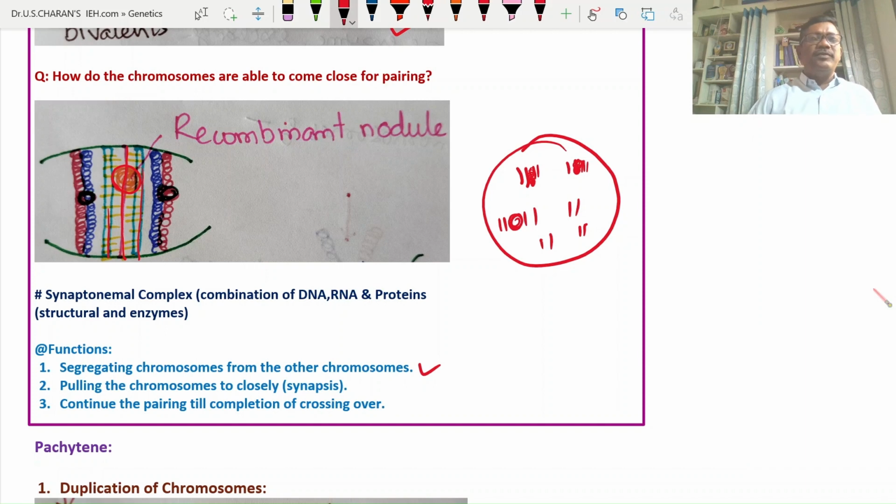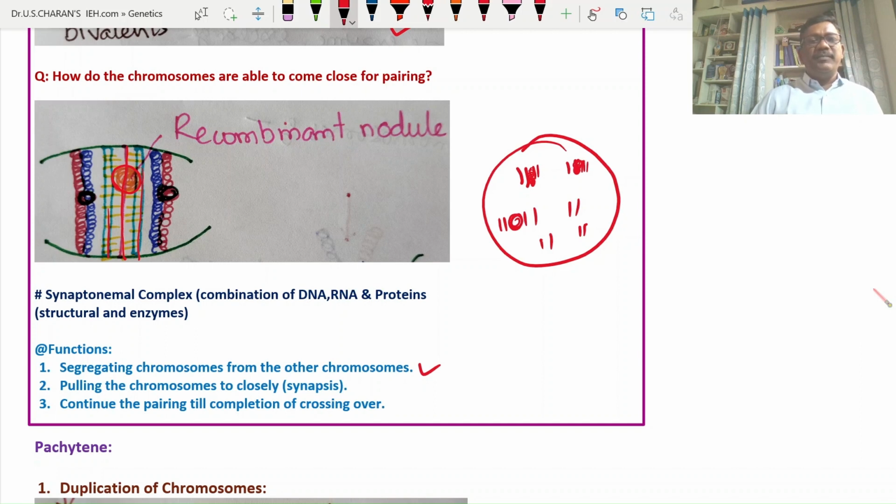So every homologous pair contains a synaptonemal complex. If the synaptonemal complex is present between the homologous chromosomes or bivalents, it can hold them and avoid unnecessary movements. Other chromosomes cannot mingle with these chromosomes. To avoid this contamination, the synaptonemal complex is used.